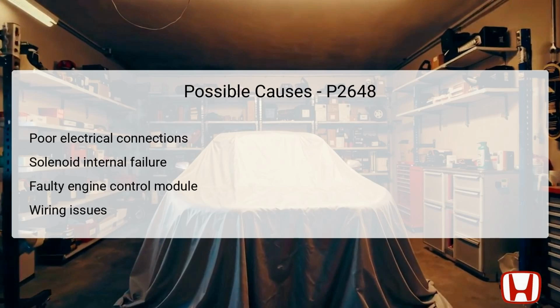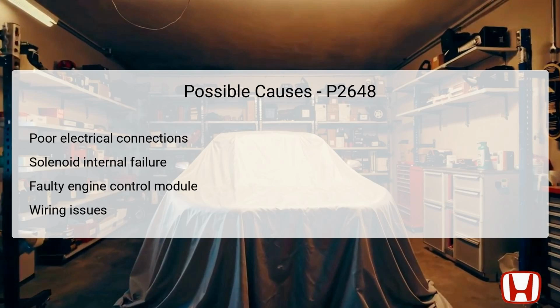Several factors may lead to the activation of DTC P2648. Poor electrical connections are a common cause, often due to corrosion or loose terminals at critical connectors such as the rocker arm oil control solenoid and the engine control module (ECM). An internal failure of the rocker arm oil control solenoid may also result in this error, indicating that the solenoid requires replacement.